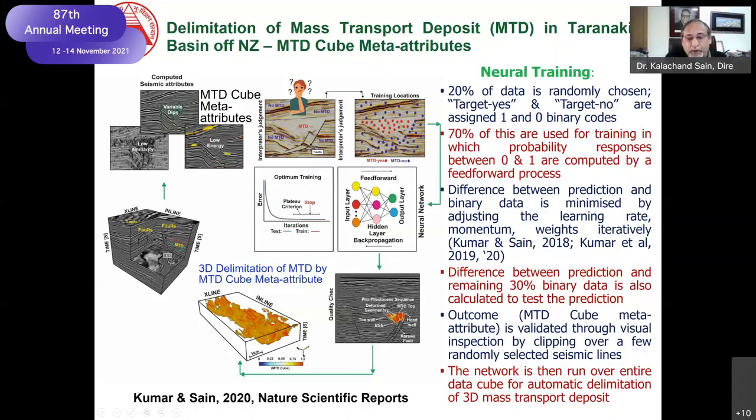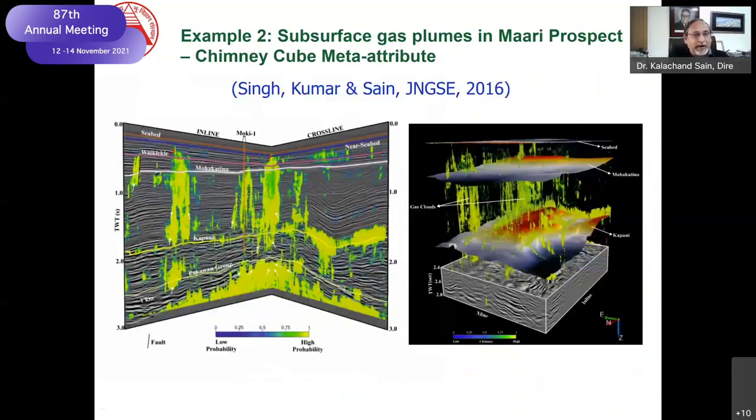So if somebody wants to know more, they can find this Nature Scientific Reports paper published last year. Similarly, I am showing one more example from the Mari prospect. In a similar way, we have identified a lot of seismic attributes, and they have been amalgamated into a chimney cube meta attribute, and by looking into the chimney cube meta attribute, we can understand how the gas plume in that basin has been migrating upward.